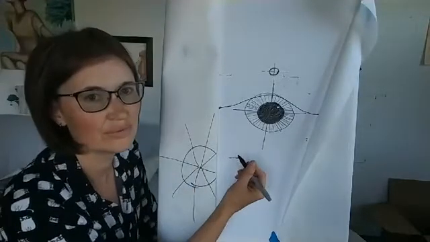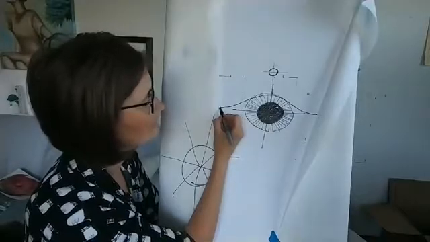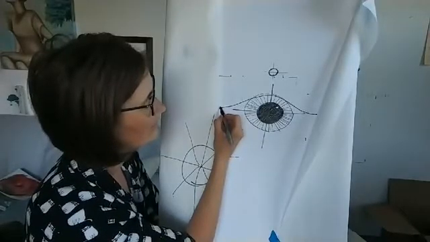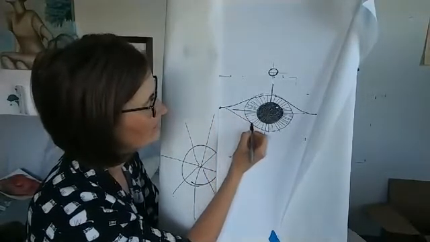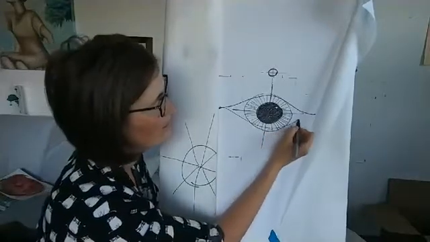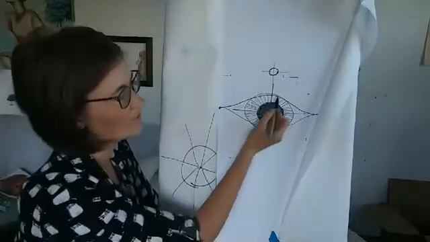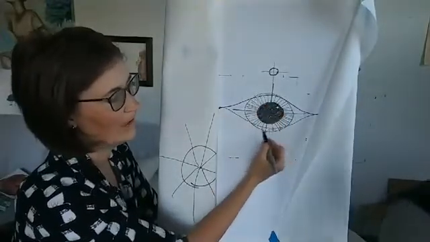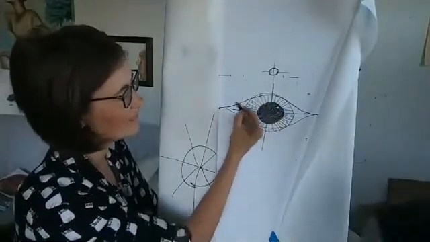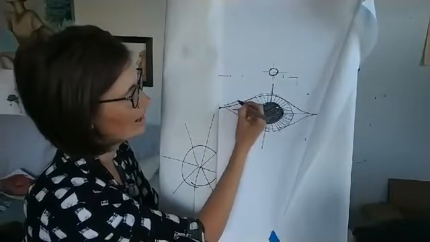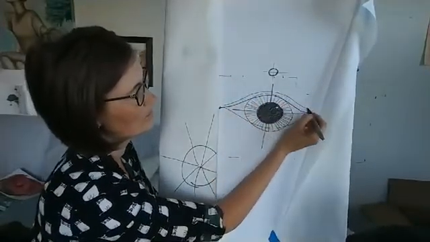And then underneath we're going to do the same thing. Down, cutting some of that off like that. And then if you have an eraser, you can erase that top part of the eye and the bottom part. And you can also go back and make another line that's pretty close.